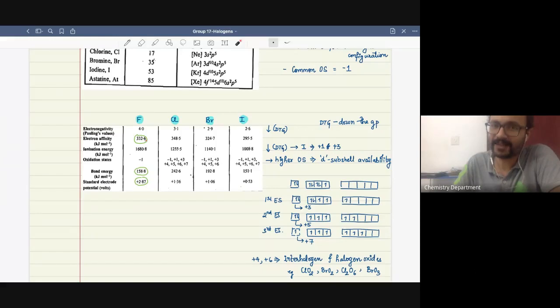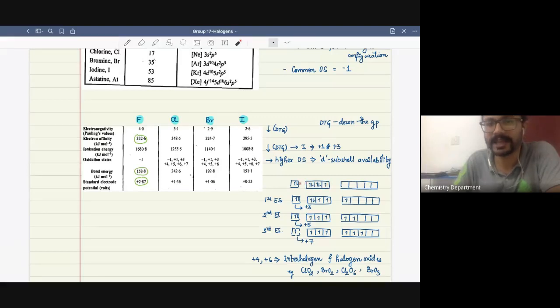Actually, when fluorine accepts the electron, it is taking the electron into the 2p subshell, because in fluorine we have 2s and 2p. When it accepts the electron, it is accepting it into the 2p subshell, and 2p is the smallest subshell, very closely packed. So what happens when an electron is added here?